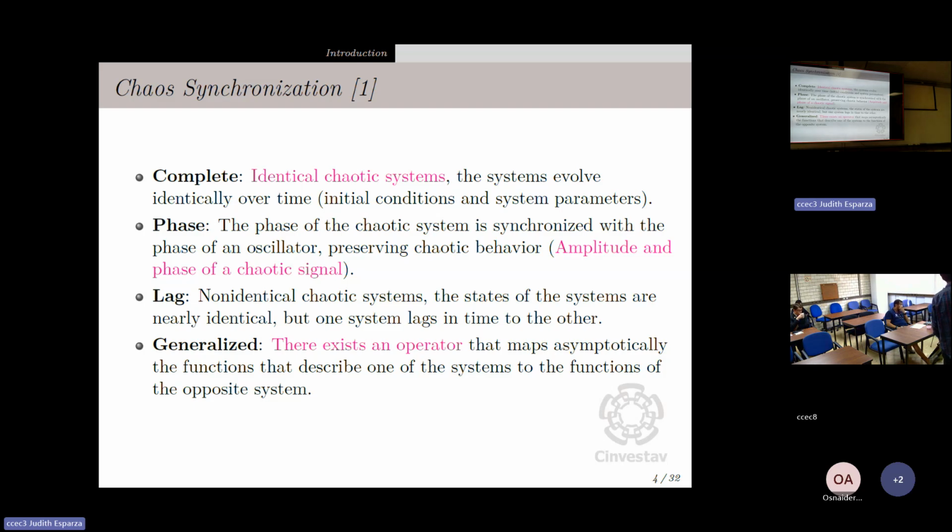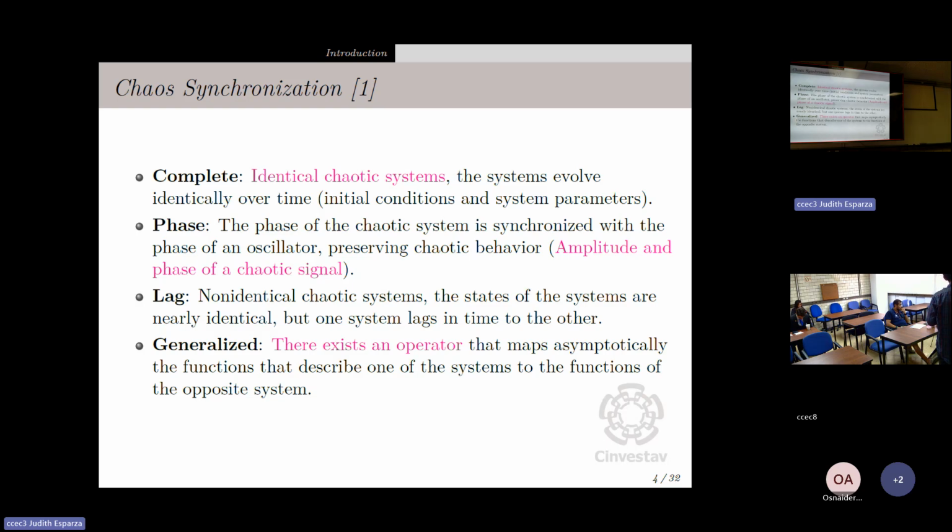The third is lag synchronization. In this case, we can take different types of chaotic systems, but the synchronization may present some lag in time.